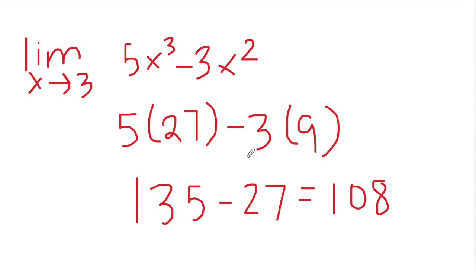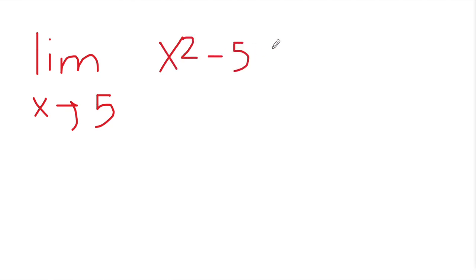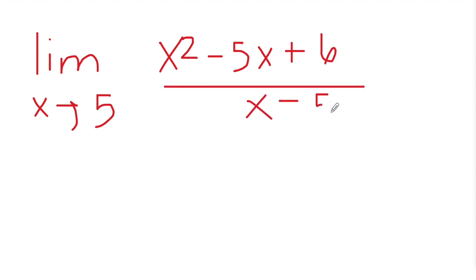Okay, and then lastly, we're going to do one more problem. So limit as x goes to 5, x squared minus 5x plus 6 over x minus 5. So looking at this, when I just plug in, right? Let's plug in. Let's make it easy.